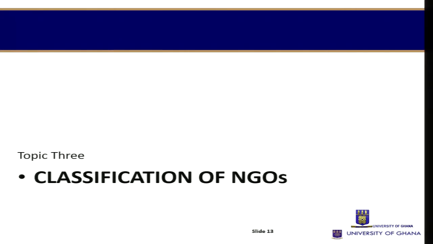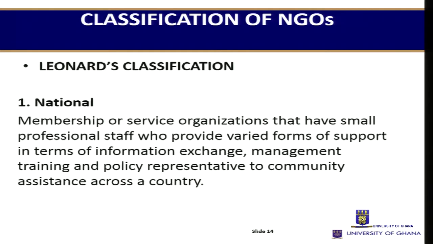So they make profit, but they channel all the profit into the activities of the NGO. So NGOs can make profit, but they cannot distribute profit like profit organizations do. They cannot declare dividend at the end of the year and send that money to its shareholders. NGOs don't do that. So what they do is to generate resources to help to promote the ideals that it's established or they stand for.